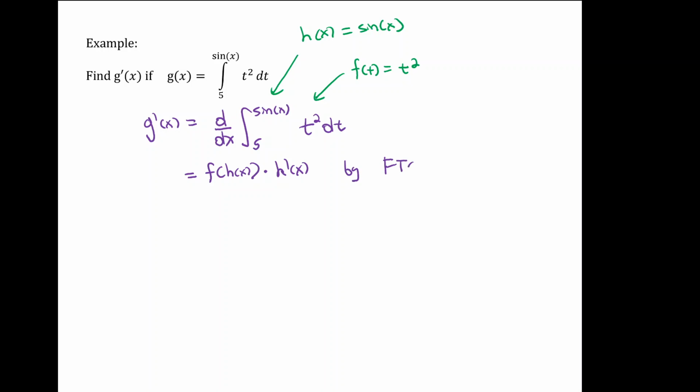So we have h of x squared, since we're replacing the t with h of x, multiplied by h prime, so multiplied by the derivative of sine of x, which is cosine of x. So sine of x squared is sine squared of x times cosine of x. That'll be your answer.